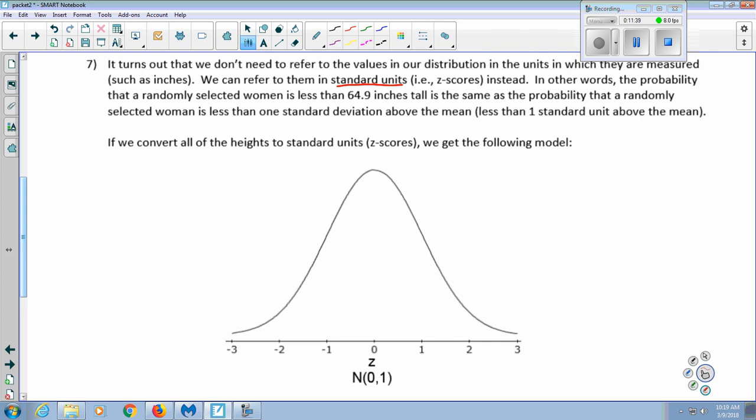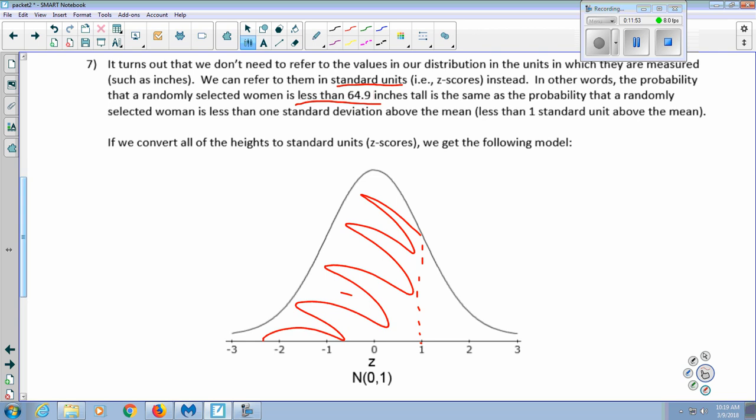So in other words, the probability that a randomly selected woman is less than 64.9 is the same as the probability that a randomly selected woman is less than 1 standard deviation above the mean. Okay, so in notation, the probability of observing X being less than 64.9 is equal to the probability that Z, our z-score, is less than 1.